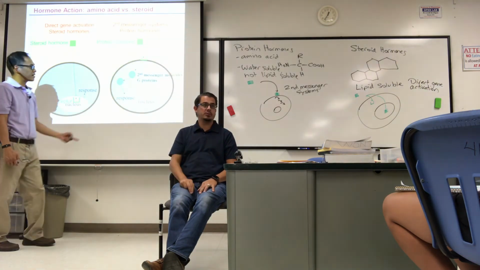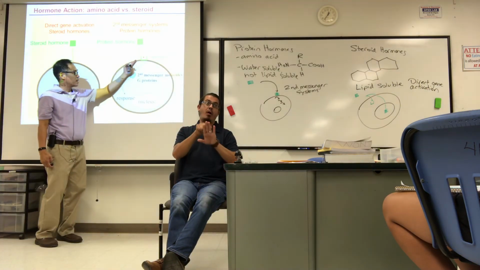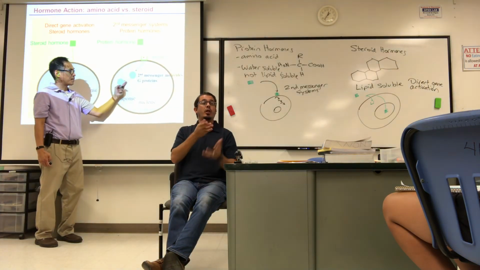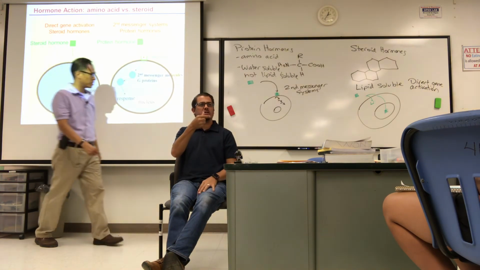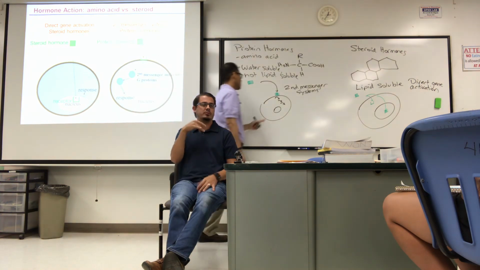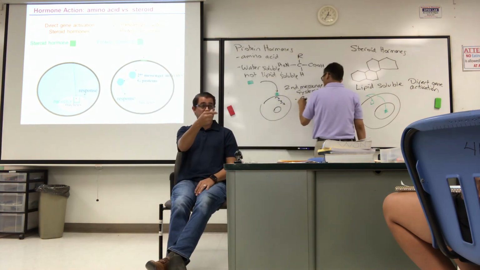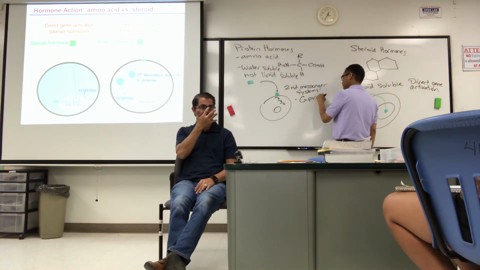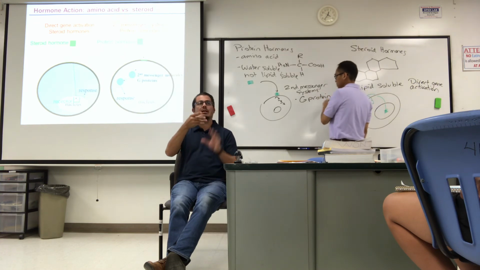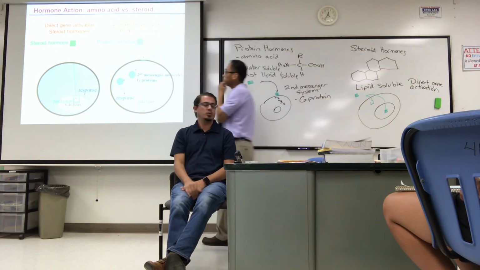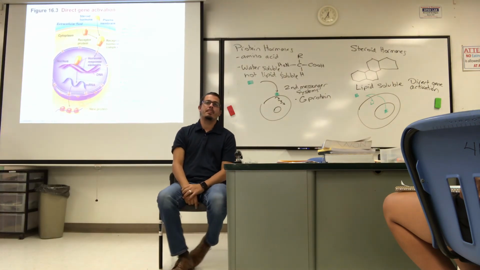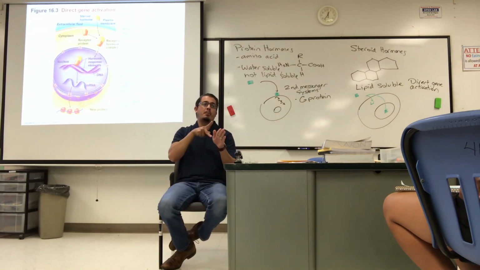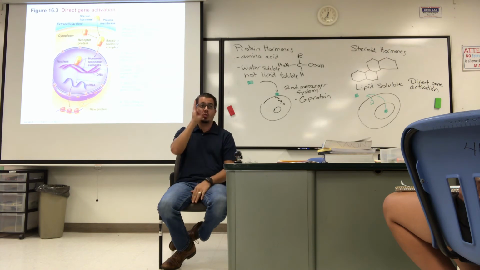Otherwise you have to knock on the door, so to speak, and act through second messenger molecules, and the G proteins are the commonest ones I usually present. A G protein is an example of a second messenger system. There are others. Here's the professional picture of direct gene activation.